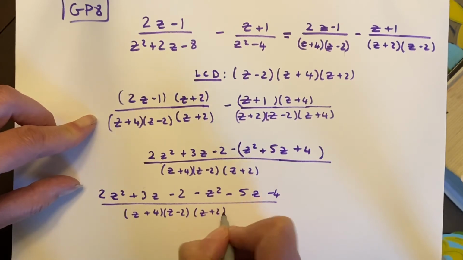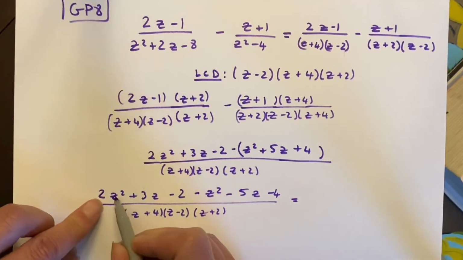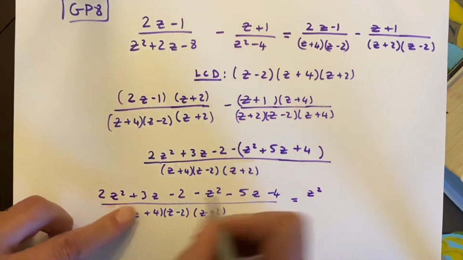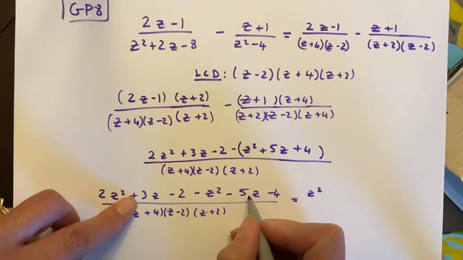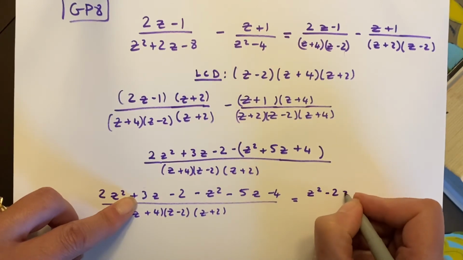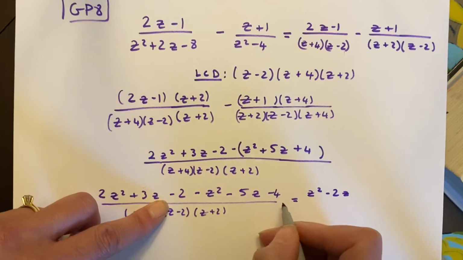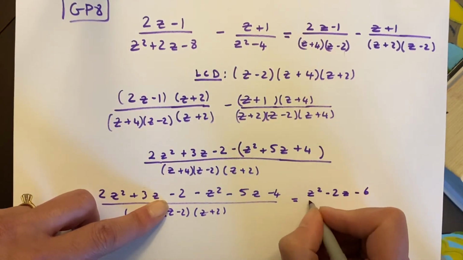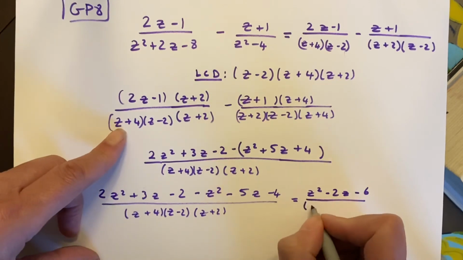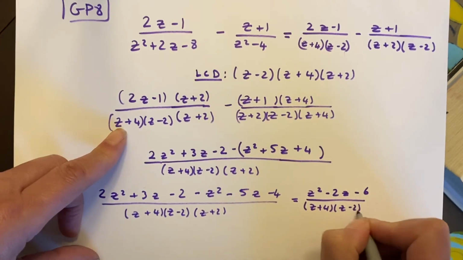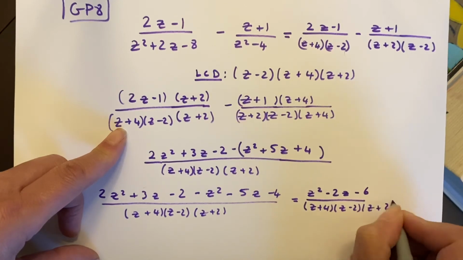So combining all my like terms, 2z squared minus z squared is just z squared. 3z, negative 5z, I get minus 2z. And negative 2, negative 4, I get minus 6 over z plus 4, z minus 2, z plus 2.